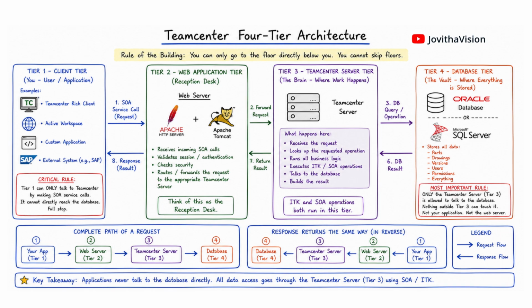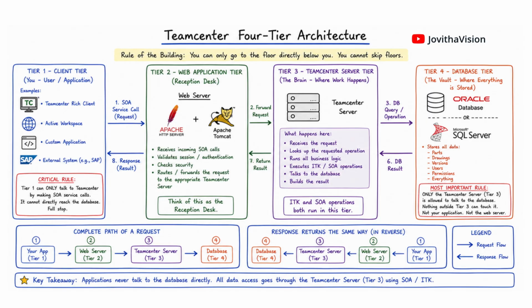Only the Teamcenter server layer in Tier 3 is allowed to talk to the database. That means the SOA operation logic, ITK API calls, and all business logic runs inside Tier 3. They go to the database. But nothing outside Tier 3 ever touches it directly. Not your application, not the web server, everything that needs data must go through the Teamcenter server.